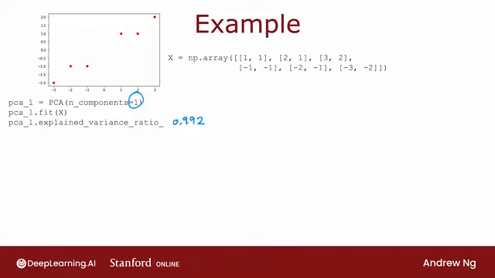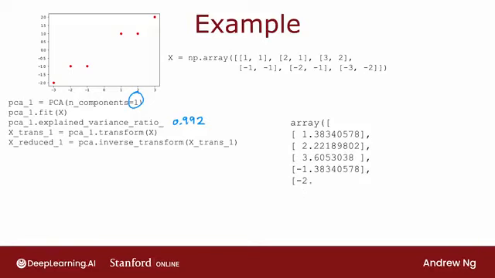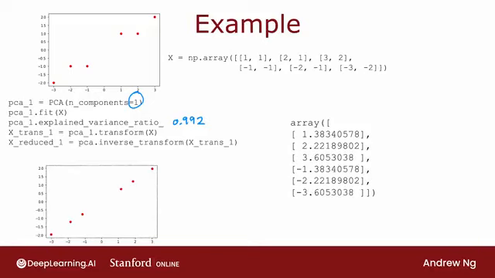Finally, if you want to take each of these training examples and project it to a single number, you would then call this, and this will output this array with 6 numbers corresponding to your 6 training examples. So for example, the first training example, 1, 1, projected to the z-axis gives you this number, 1.383, and so on. And so if you were to visualize this dataset using just 1 dimension, this would be the number used to represent the first example.